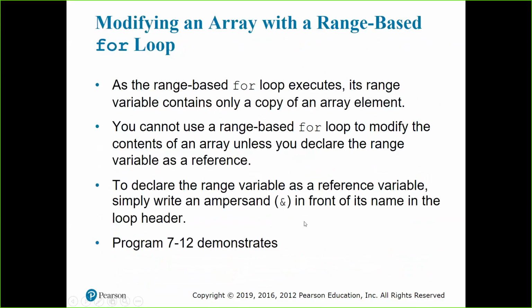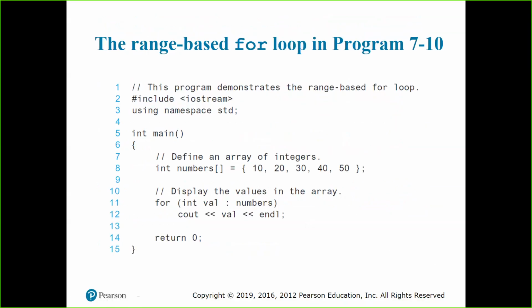If you want to modify the array values using the range based loop, then you cannot use a simple range based for loop, because in the range based for loop, for example here, this int value is a copy of the array value. If we make any change in this copy, it doesn't reflect in the actual array.